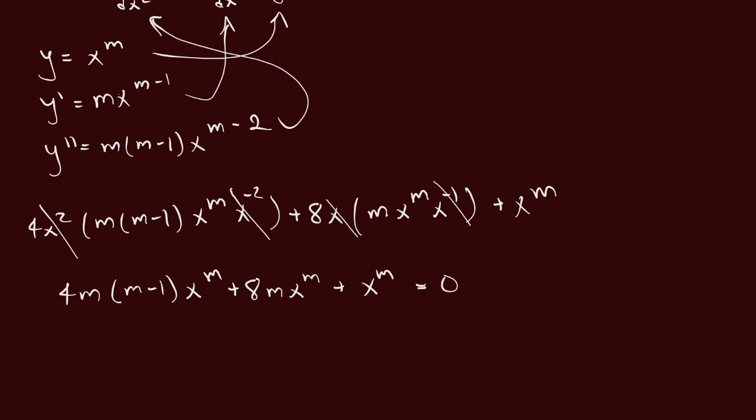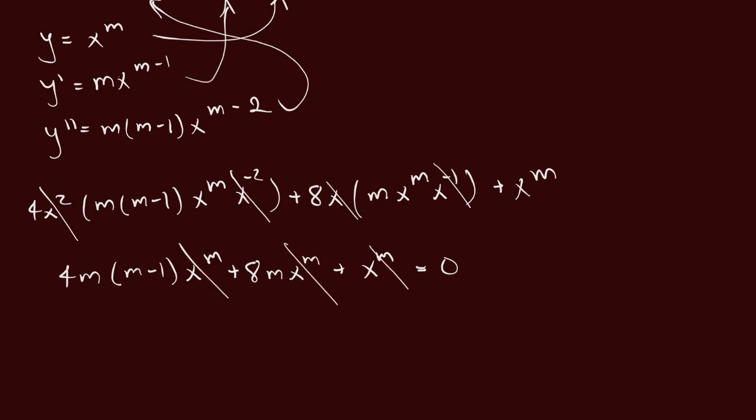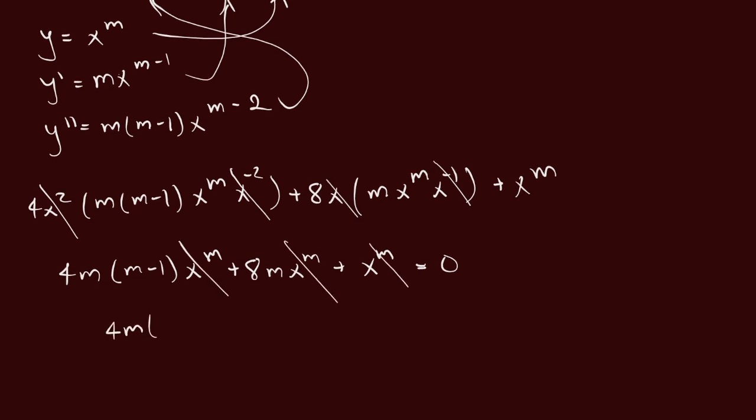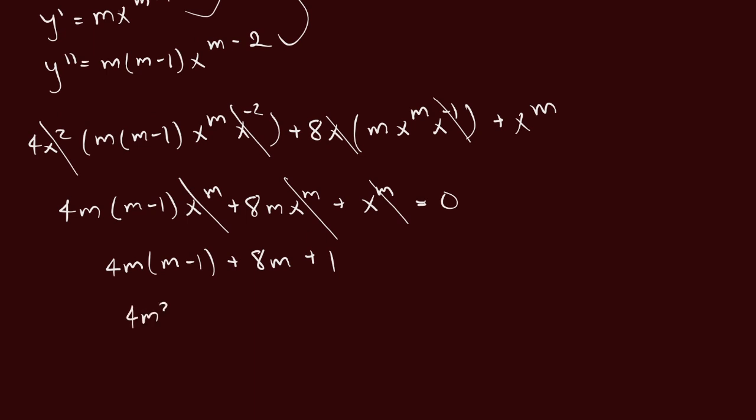Now we can divide everything by x to the power of m, so these all are gone. So we have 4m times m minus 1 plus 8m plus 1. So that's 4m squared minus 4m plus 8m plus 1. So 4m squared plus 4m plus 1.